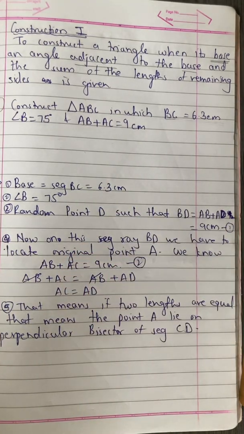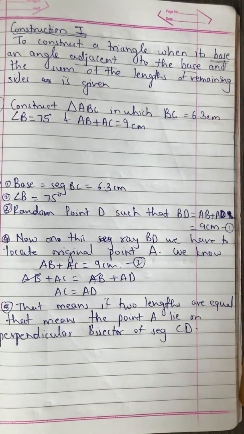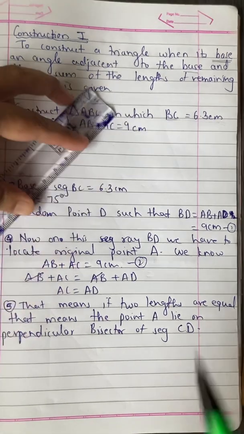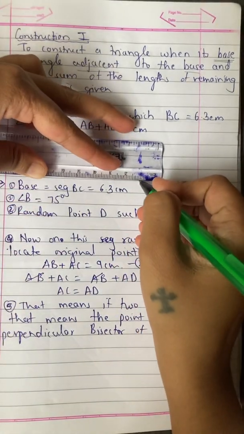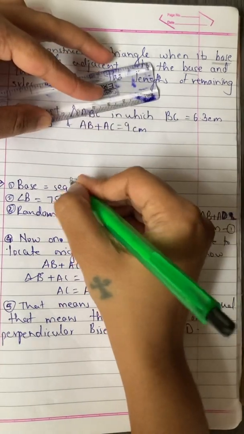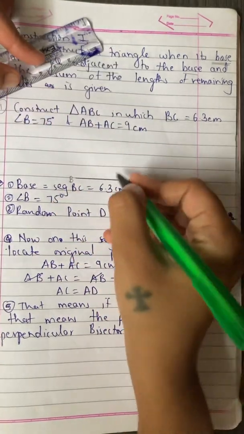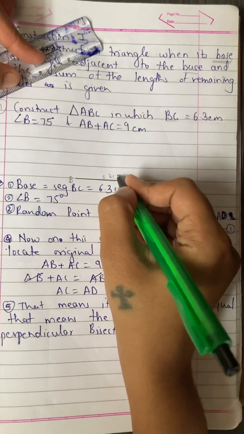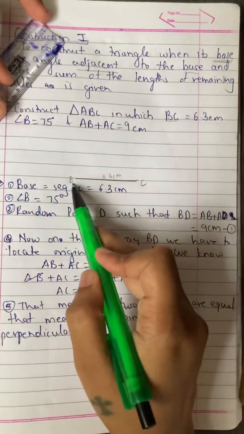Now it is always better to draw a rough figure. I'll draw a rough figure with first of all base BC, which is 6.3 centimeter. Now angle B is 75 degrees.